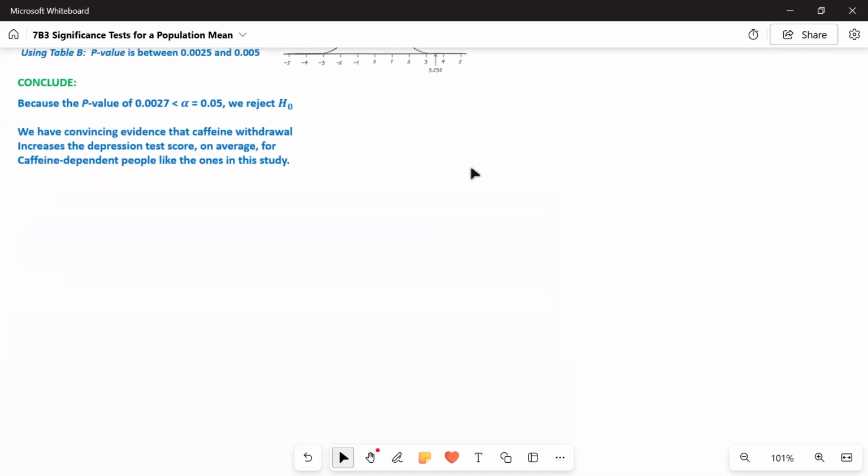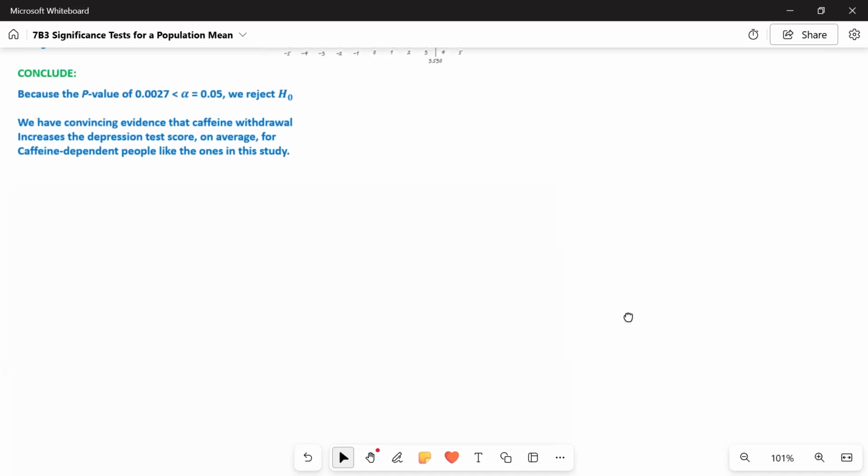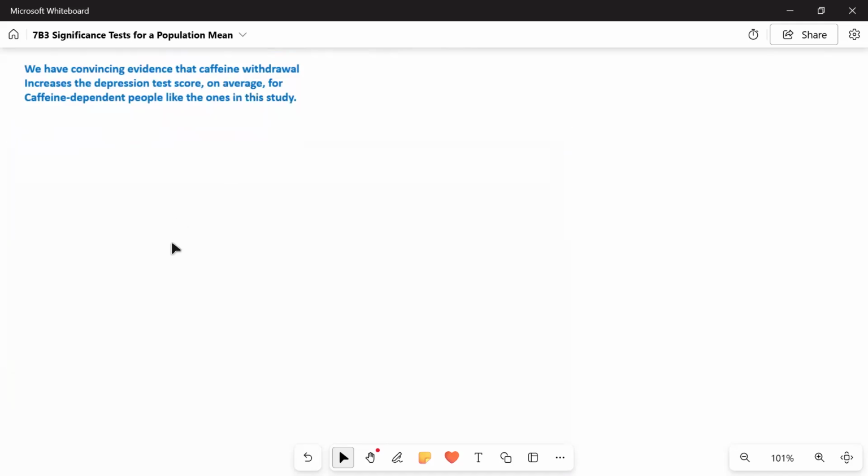Now, again, since random assignment took place here, we can make inferences about cause and effect for subjects like the ones in this study, but we can't generalize this to the population because we didn't do random selection.